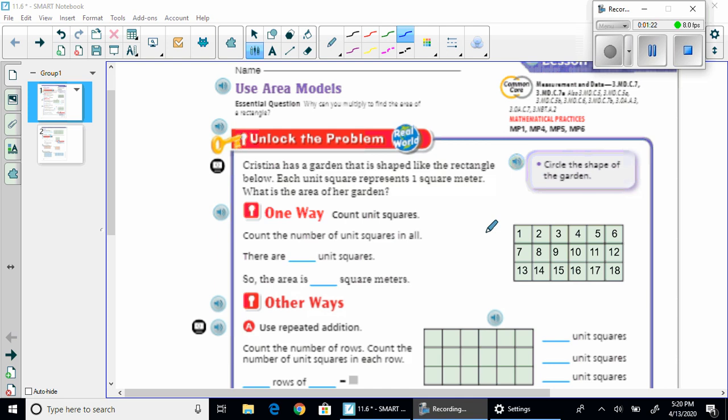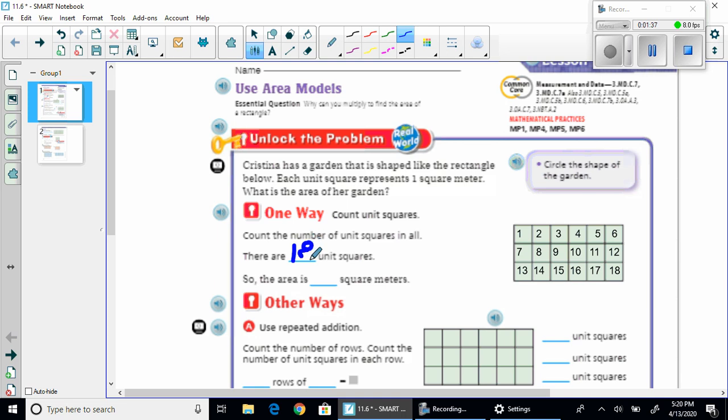Since they are numbered, we have 18. So here I'm going to write 18 because there are 18 unit squares. Therefore my answer, or the area of this rectangle, would be 18 square meters.